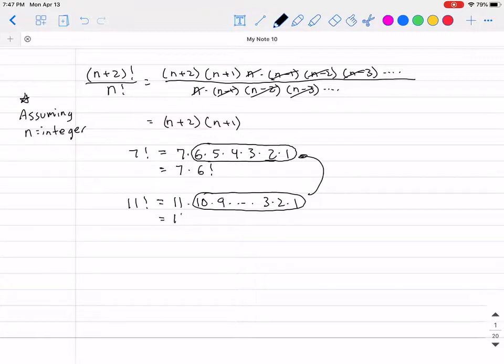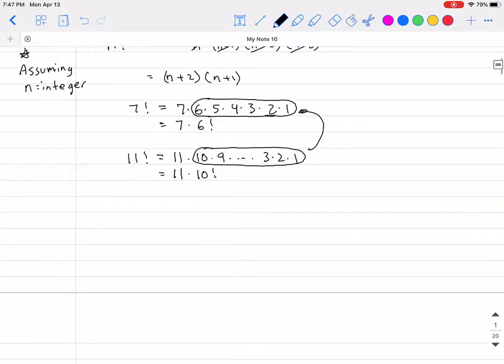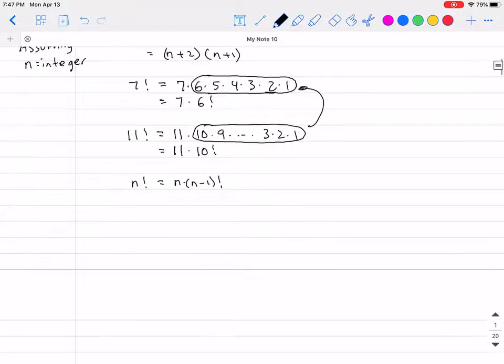So then I can write 11 factorial as 11 multiplied by 10 factorial. The conclusion I'm trying to get you to understand is that if I have n factorial, that is going to be equal to n times (n minus 1) factorial. And that is actually what we can use to derive what we want.